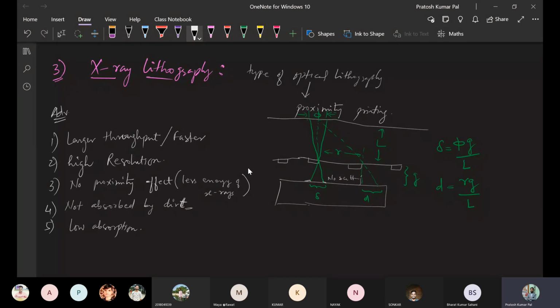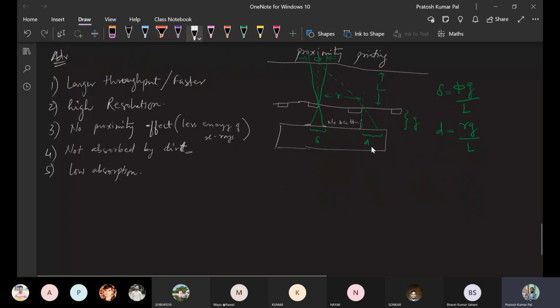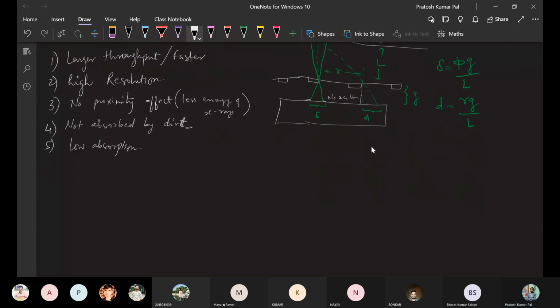So here the g value that we consider basically ranges from 40 to 50 micrometers. There is a distance between the mask and the semiconductor surface or wafer that is considered to be 40 to 50 micrometers. The masks that we use in X-ray lithography are made up of gold membrane.